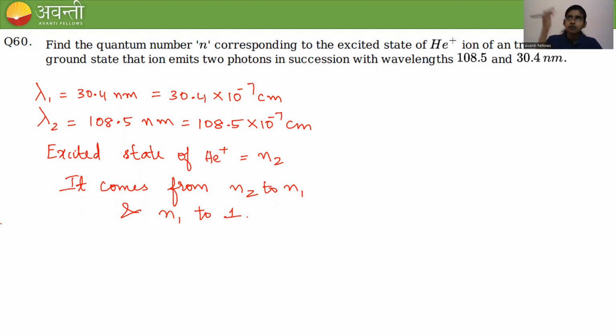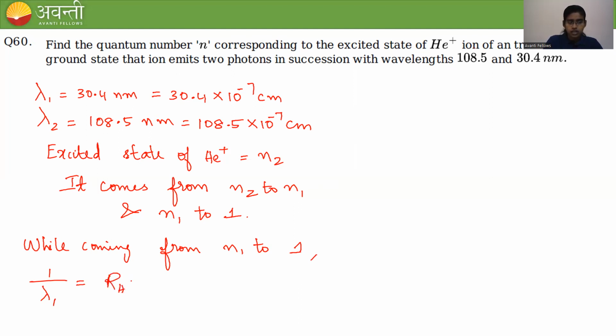Now, while it is coming from n1 to 1, the wavelength, that is 1 by lambda 1, can be calculated from the Rydberg constant, that is RH into Z square into 1 by 1 square minus 1 by n1 square.